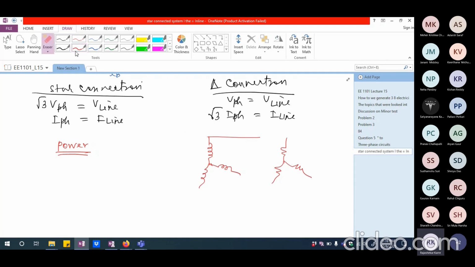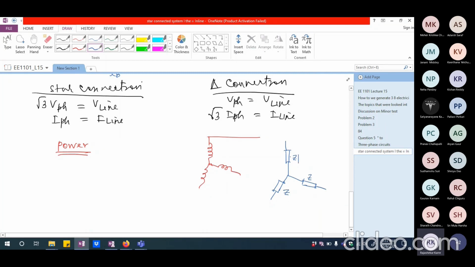In fact, I can have the three-phase load to be RL load for that matter. So I can have one R and L, another R and L, and the third R and L, for example. So I can have three loads. All the three loads, if I may call this as Z, this will also be Z, and this will also be Z. All of them are equal in terms of the real part as well as imaginary part.